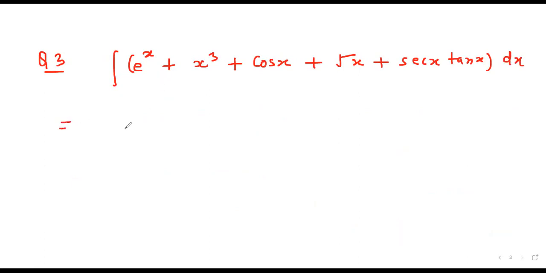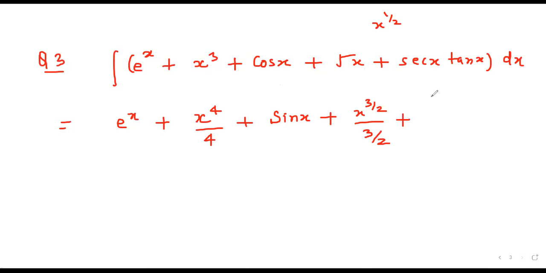So integration of e power x is e power x. Integration of x cube becomes x power 4 by 4, plus integration of cos x gives sin x. Here root x is x power half, so by our rule, x power 3 by 2 divided by 3 by 2, plus integration of sec x tan x is sec x plus c. Now consider the next question, question 4.